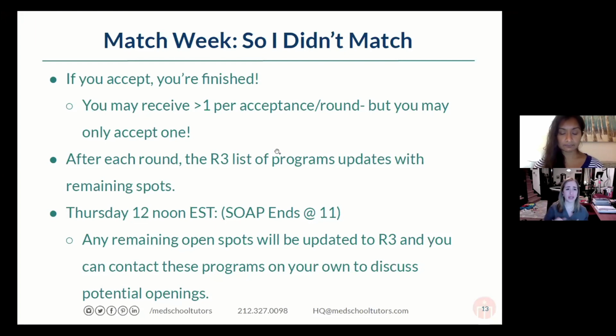When you get to the end of the 4th round, Thursday at 12 noon, any open spots will be updated, and they will be able to be filled outside of the match. Those are for you to contact outside of the NRMP website to see if there are any opportunities for you to match into those programs. And they could be places that you did not use as your 45 applications during the initial part of the SOAP.